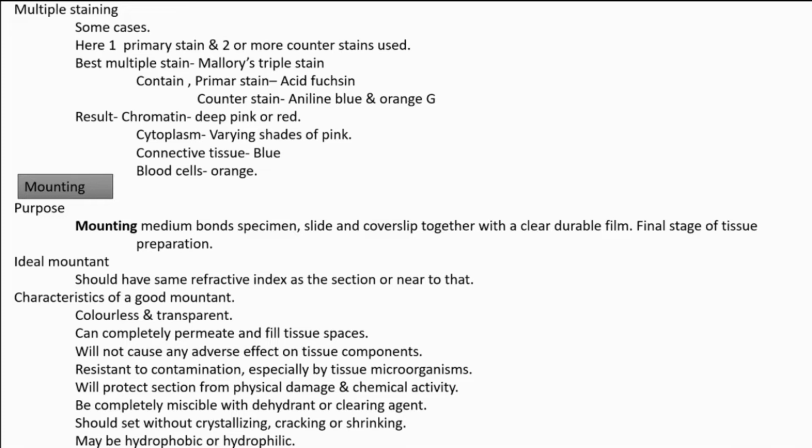To avoid all these unwanted things, we do mounting. A medium, some solution, is used in the mounting step. This mounting medium binds the specimen, slide and cover slip together with a clear durable film. This is the final stage of tissue preparation.